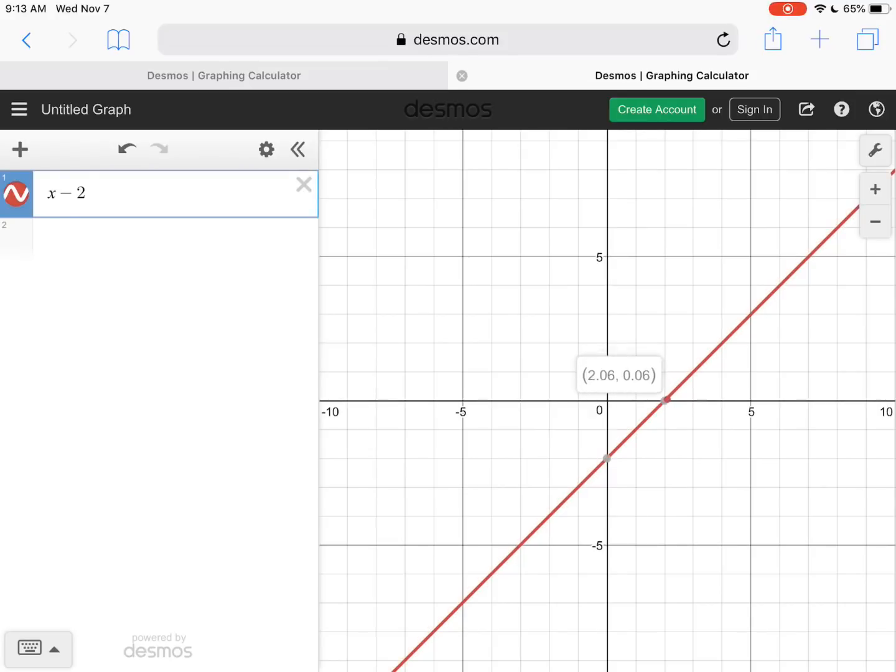Well, if I put my cursor over that, do you see how it's (2, 0)? That's where it crosses the x-axis, right? So wherever it crosses the x-axis, that is whatever your x is at that point. And what is my x at this point? My x is 2 when my y is 0. So the point at which it crosses the x-axis is at 2.